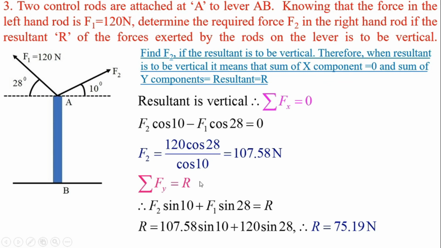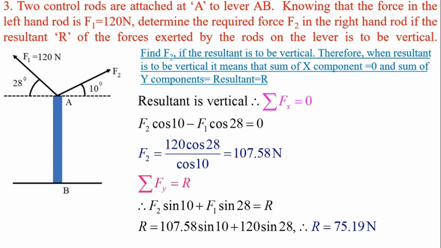So F2 sin 10 plus F1 sin 28 is equal to R. The magnitudes of F1 and F2 are both known, therefore R is equal to 107.58 sin 10 plus 120 sin 28, and hence the resultant is equal to 75.19 Newton. Here we need not determine the direction of the resultant because it is already given: the resultant is acting in the vertical direction.